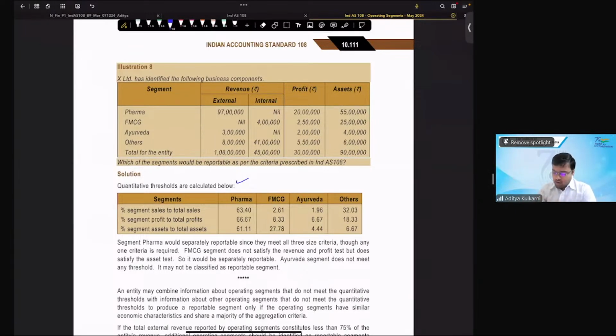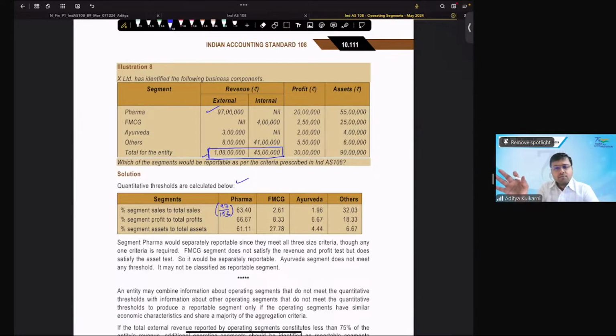For pharma, what is the total revenue? 97 divided by you will have to take this total, 153. 97 by 153. Are you able to understand why 153? Because the 10% revenue criterion is external plus internal put together. Are you able to follow?